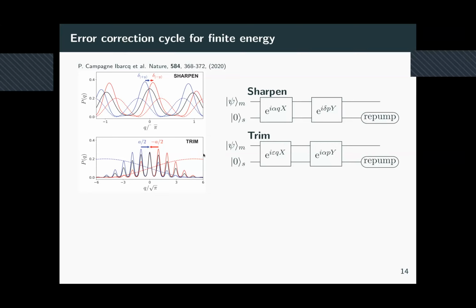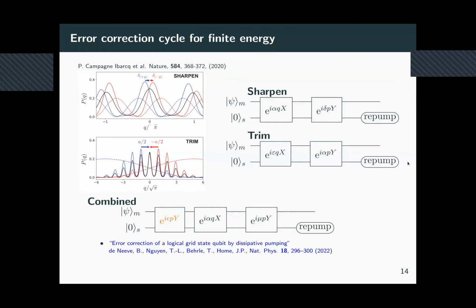And it's a really nice idea that you can just use the same sort of modular measurements but with a much smaller displacement here in the first step, so that you get a much broader oscillation of the spin as a function of position, and that essentially trims your state. And now my supervisor, Jonathan, had the idea that maybe we can combine these two things into a single step in this way.